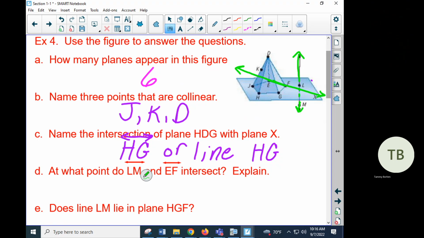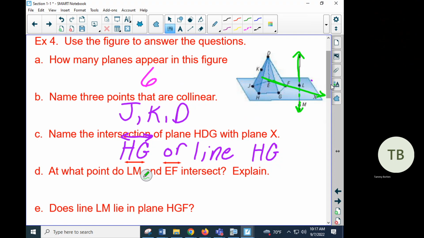But think about this line is cutting through the plane, so it only touches that plane in point L. It doesn't touch the plane where it's dashed. So do you think this line and this line would intersect?